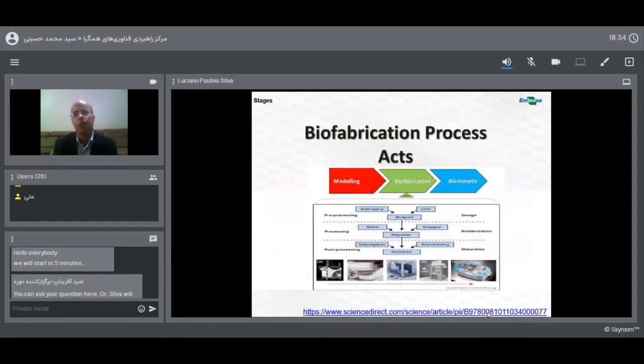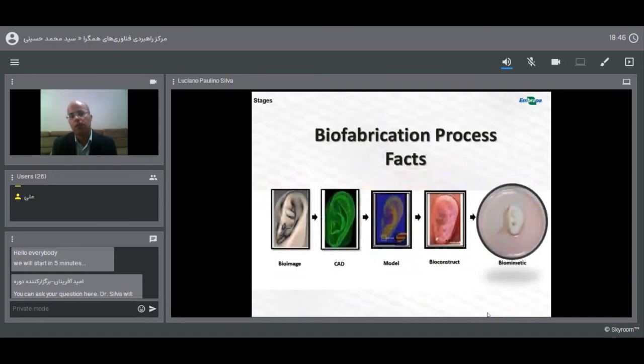So the biofabrication process is related to a modeling step, followed by the biofabrication per se, and thus the biomimetic production. And in fact, the biofabrication process is related to a bioimage, followed by a CAD model, and also the bioconstruct that finally could be the biomimetic solution.